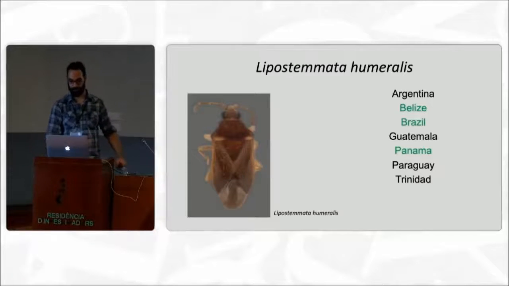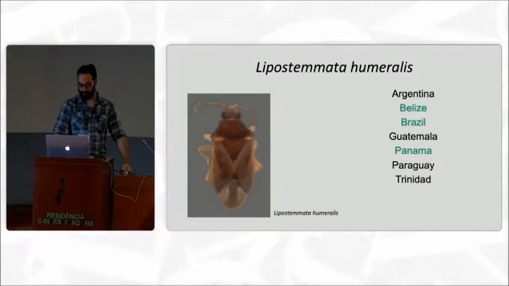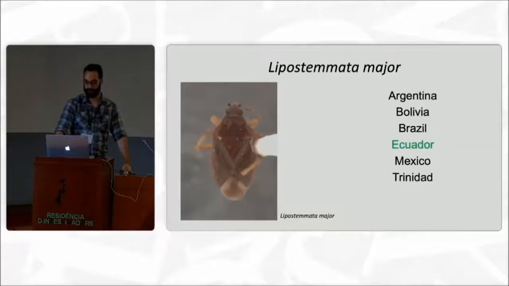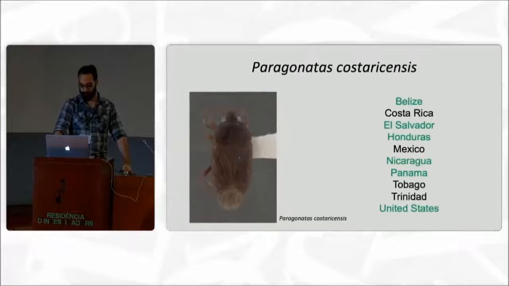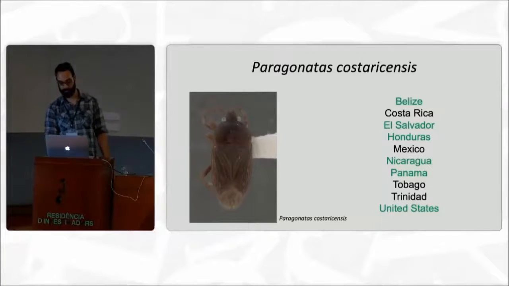Lipostemata humularis, Lipostemata major in Ecuador. We found this new record. Neopetitius freshneri, Ecuador too. Paragonatus costaricensis. We have a lot of new country records.